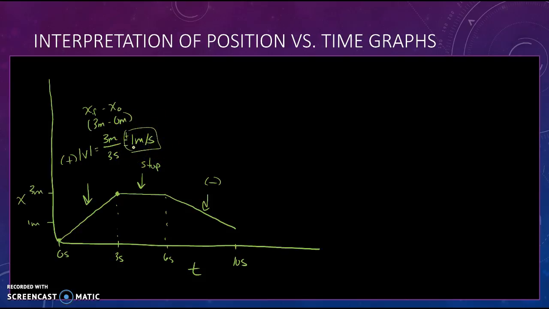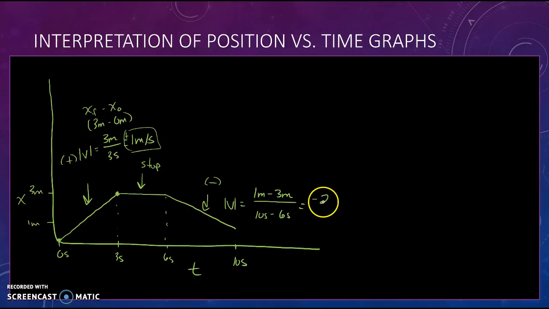Okay, and as we said over here, it's stopped. And then over here, its velocity: we have a change in position of 3 to 1. So our final position is 1 meter. Our initial position is 3 meters. And this time change will be 10 seconds minus 6 seconds.